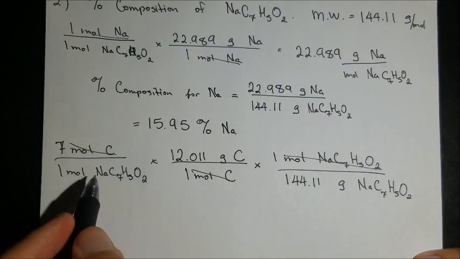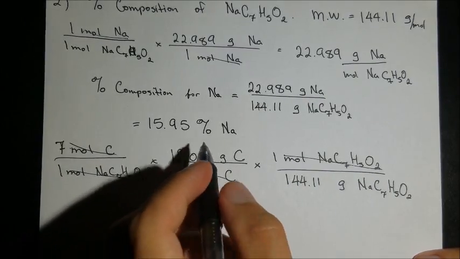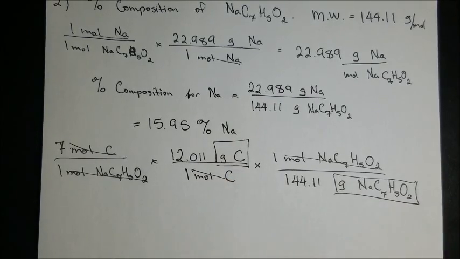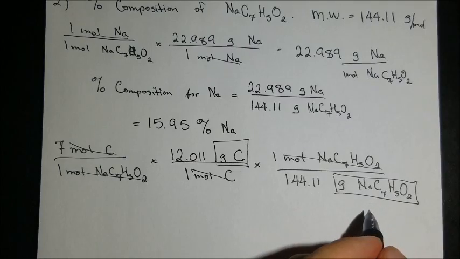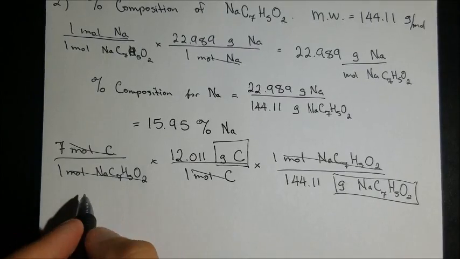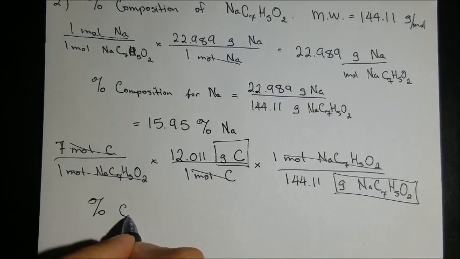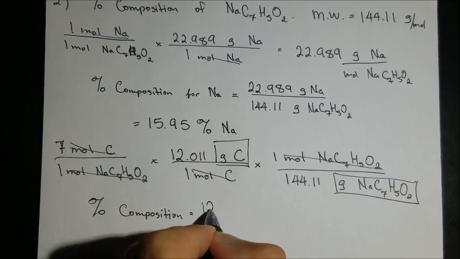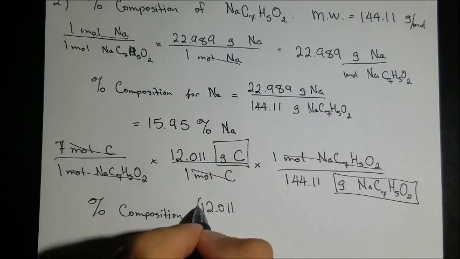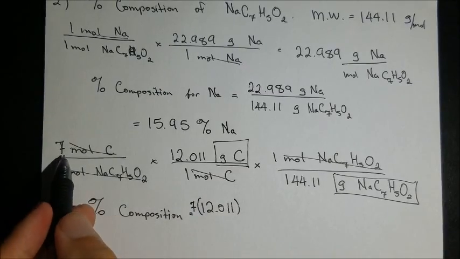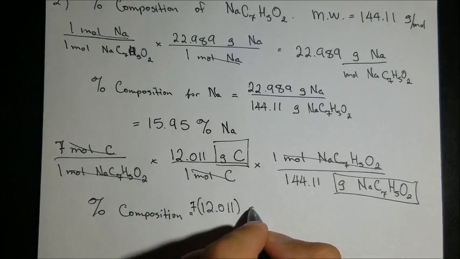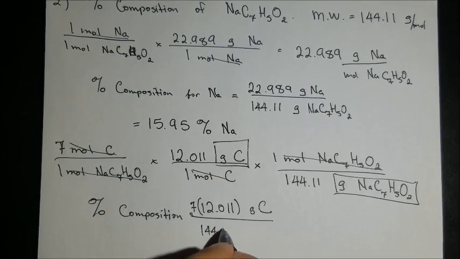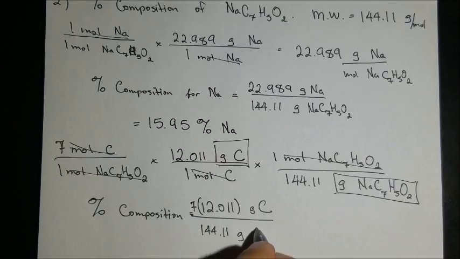Now our moles of sodium benzoate cancel, and the units that we're left with are grams of carbon per grams of the total molecule of the sodium benzoate. So this way we can say the percent composition is 12.011 times 7, right, because we had 7 of them, grams of carbon divided by the total molecular weight of the molecule.